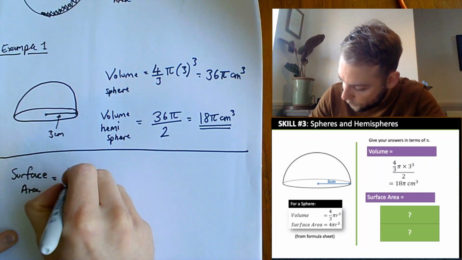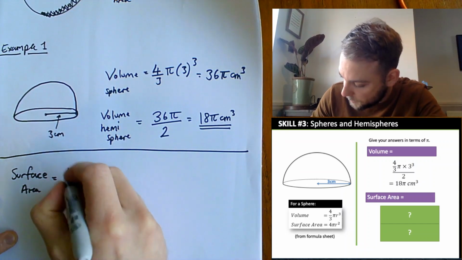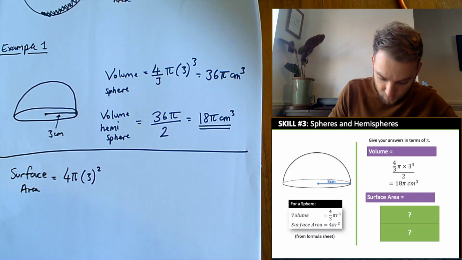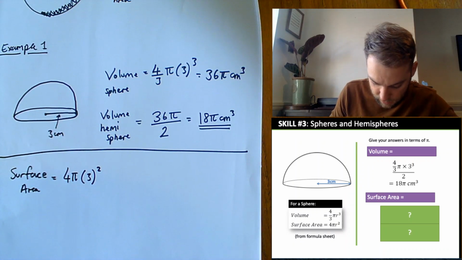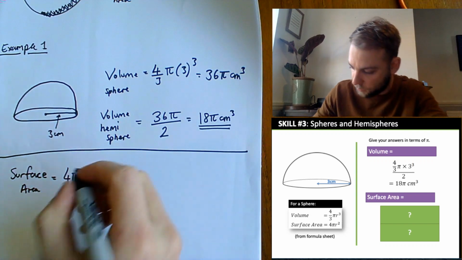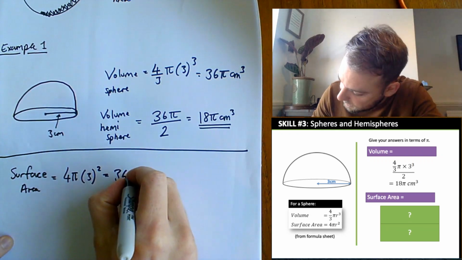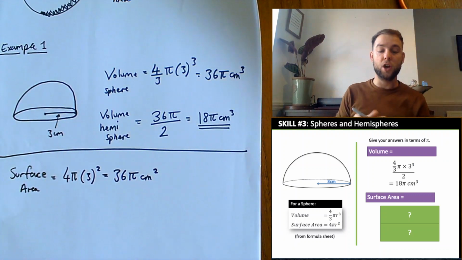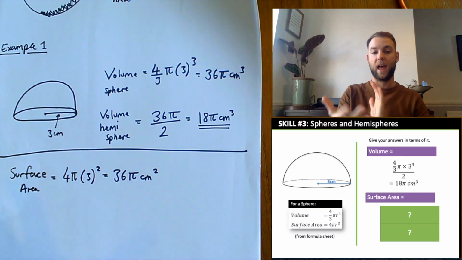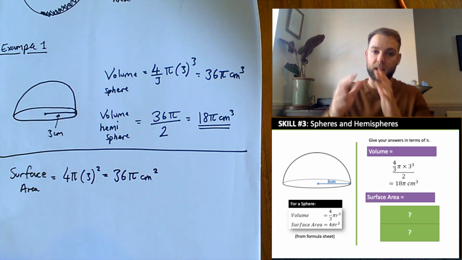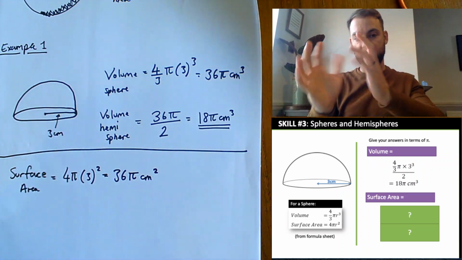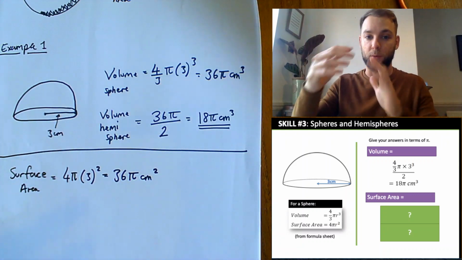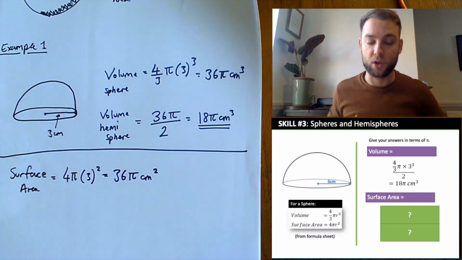So 4 pi times r, which is 3 squared. So 4 times pi times 3 squared, which is equal to 36 pi centimetres squared. Now this is the total surface area of a full sphere. Imagine if you had a football, it'd be everything you can touch on that football. That would be the surface area.